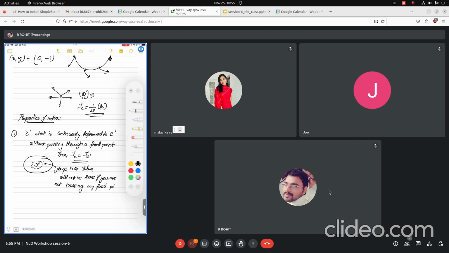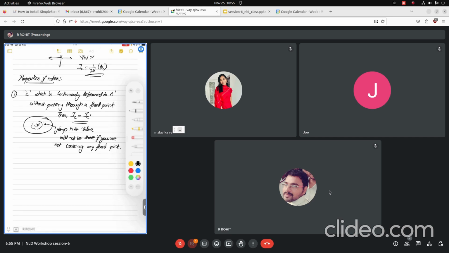So if you have a closed curve C and you are not crossing any fixed point, but your curve is slowly shrinking and finally you reach some C dash, then the index of that big curve and the shrunk curve I of C dash will remain the same. So that's the first property.